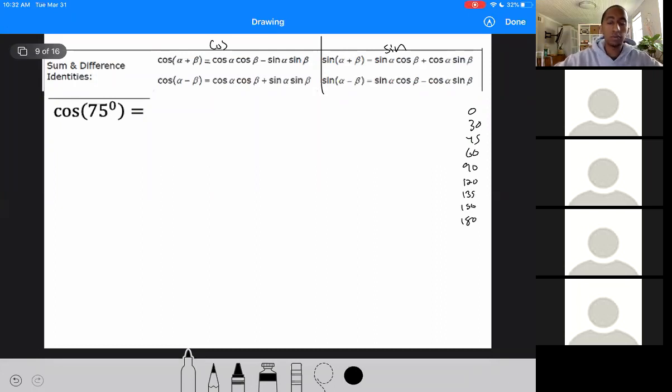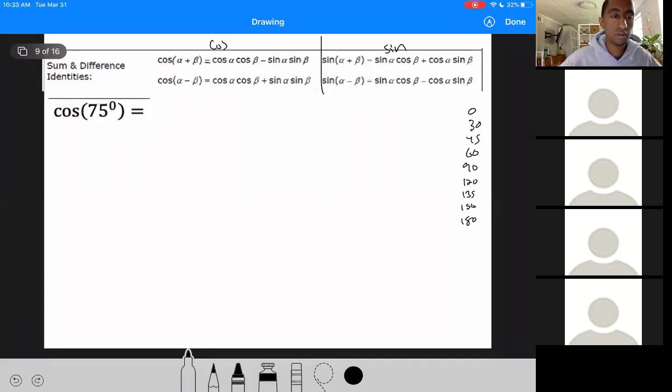So in this case, help me out. Either you can write in the chat or you can say it by unmuting yourself. What could we use to where we can add them to give us 75, or we can subtract them to give us 75 here? Okay. 45. We could do 30 and 45.